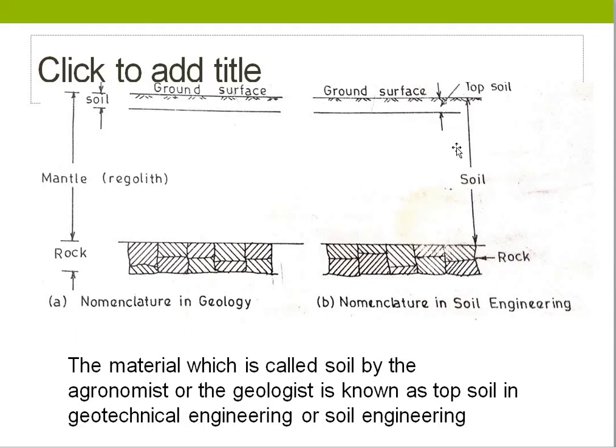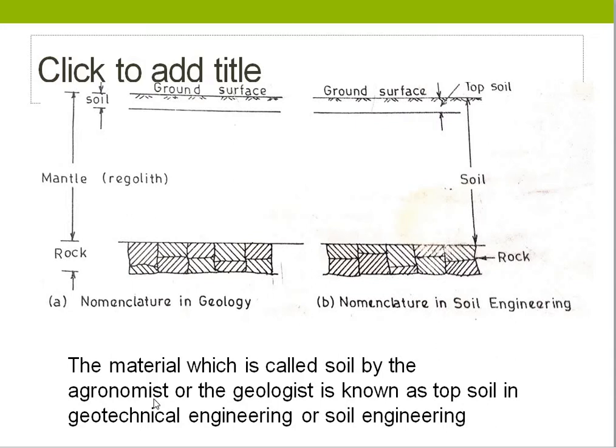Here soil is called this much portion, the top portion of the mantle. As per the nomenclature in geology, soil is the unaggregated or uncemented deposits of organic particles covering the large portion of the earth crust. And this includes different materials like boulders, sand, gravels, clay, silt, etc.